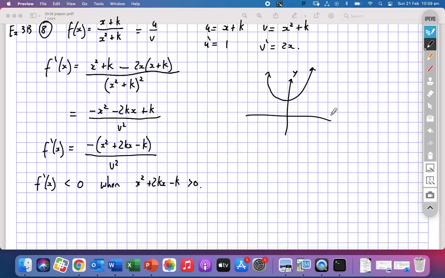There's my y, there's my x. Maybe this is y equals x squared plus 3 or something. You know, there are no roots. It never crosses the x-axis. When I do the quadratic formula, you will get no solutions.